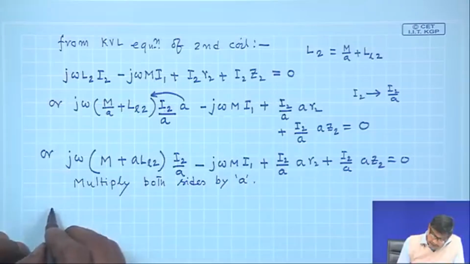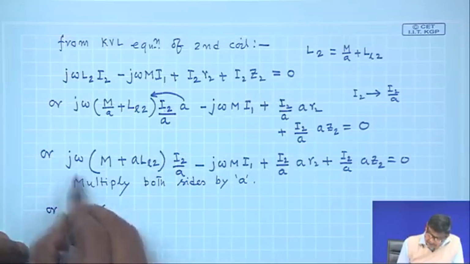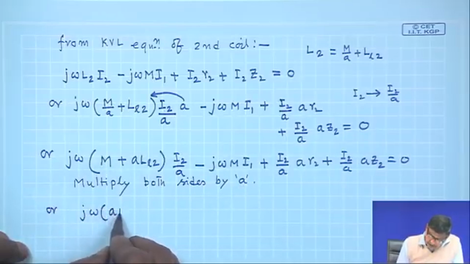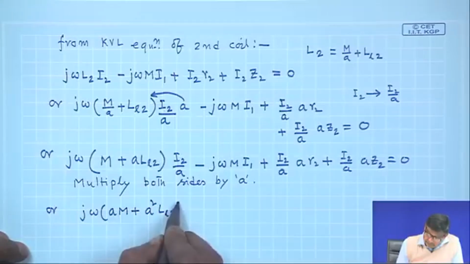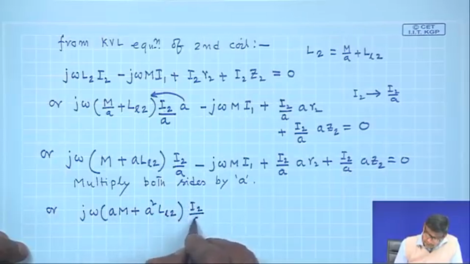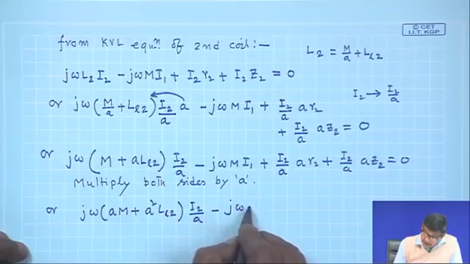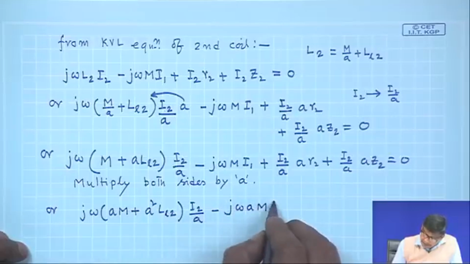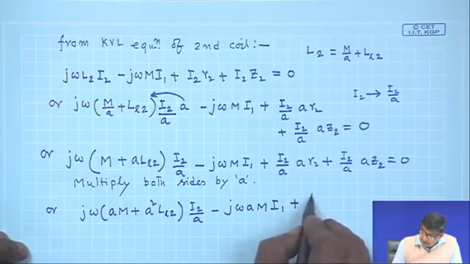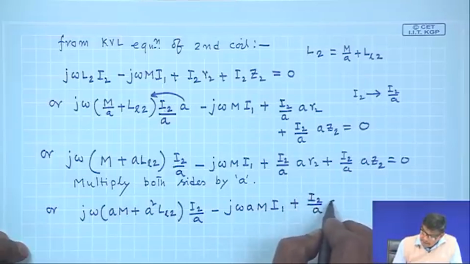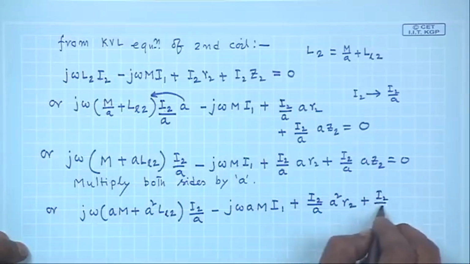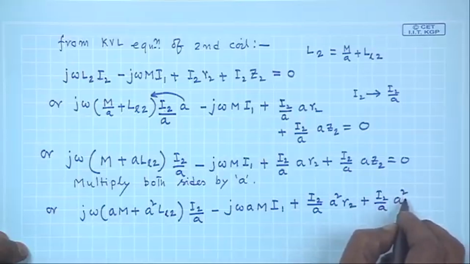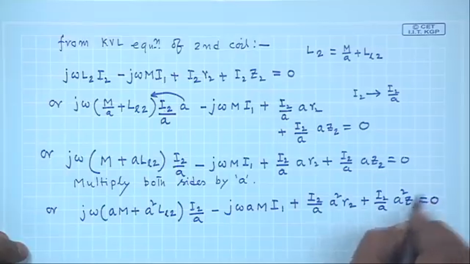So, if you multiply, then for j omega, this a you push it inside, it will be a M plus a square LL2 into I2 by a, minus j omega a M I1, plus I2 by a into a square into R2, plus I2 by a into a square into Z2, and this is equal to 0.